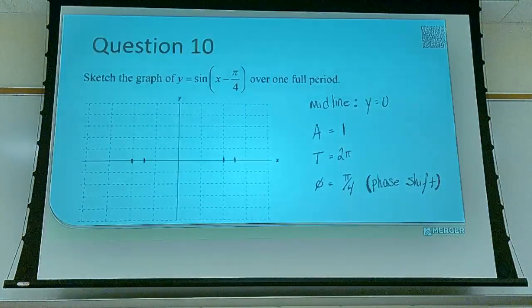A positive phase shift is to the right, and the phase shift here is positive because it's subtraction. Remember, it was sine of bx minus c, and then plus d, where c over b is your phase shift. In this case, b is 1.